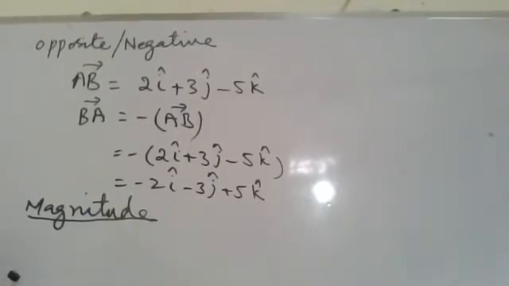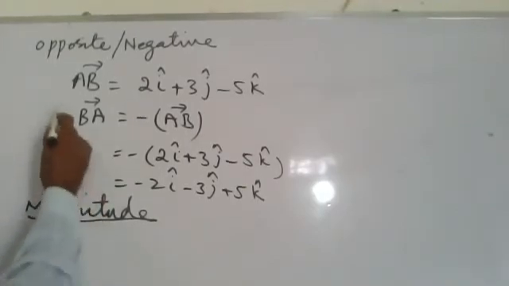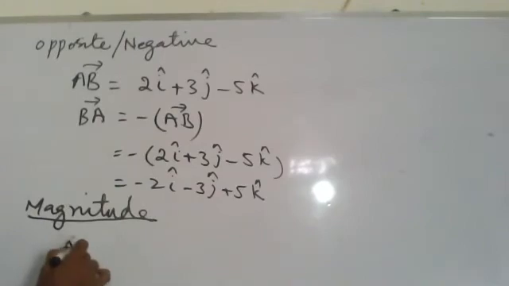So how to find the magnitude of the vector AB? We will write vector AB and put the sign of modulus. The sign of modulus shows the magnitude of the vector AB.